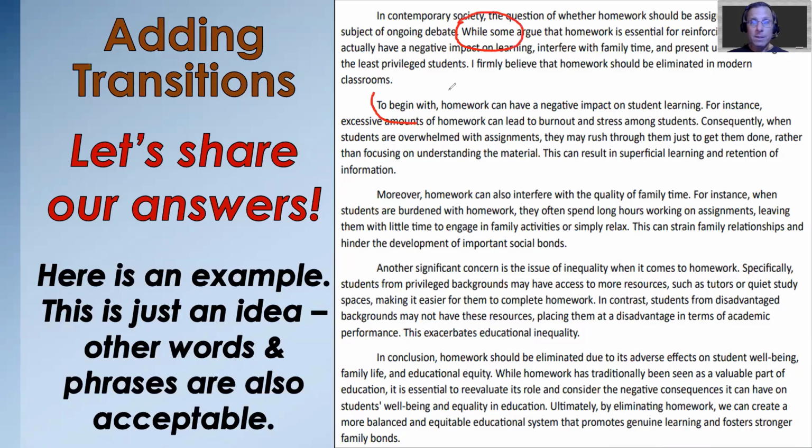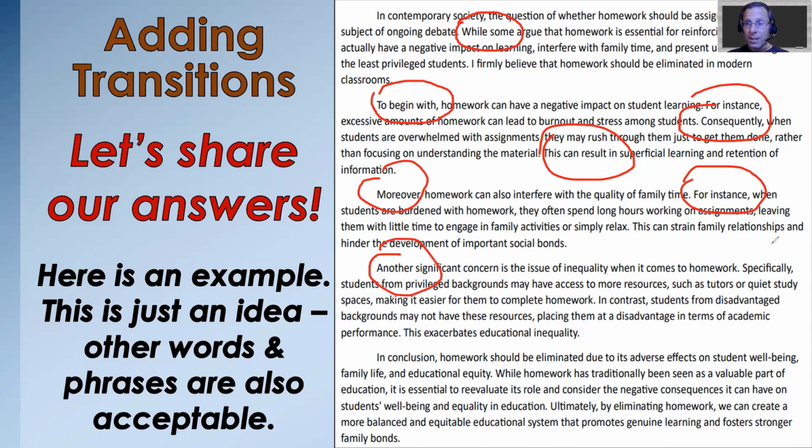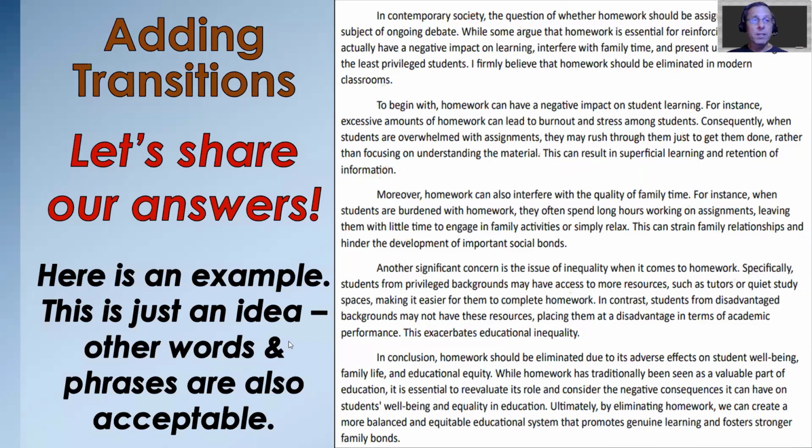While, to begin with, consequently, this can result in, moreover, for instance, another, specifically, in contrast, in conclusion, and ultimately. So again, those are my ideas. You guys are free to come up with the transition words that you feel work best in your own writing.